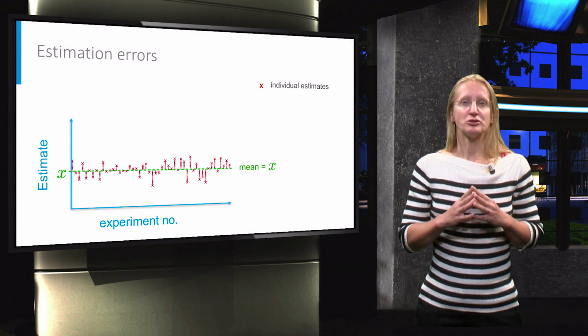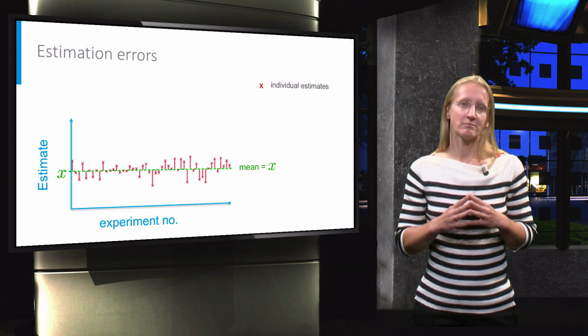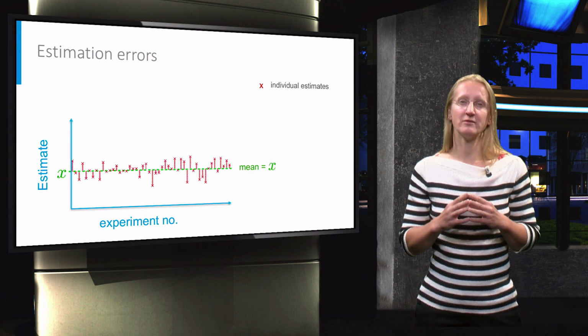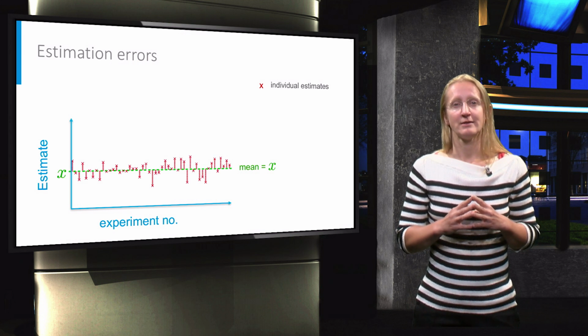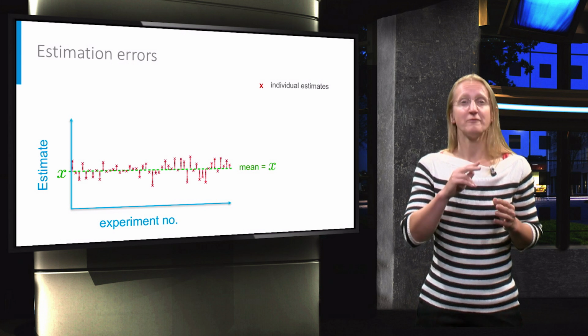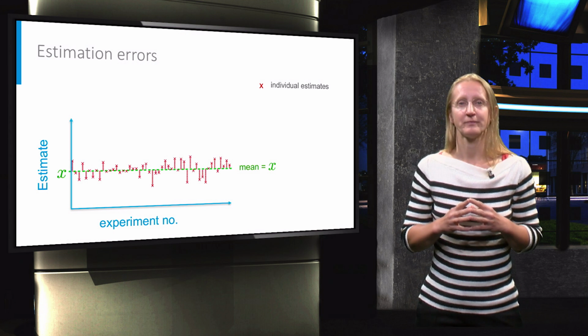This graph shows the estimated widths after many repetitions of the experiment. So each red cross now corresponds to an estimate of the width based on a different set of 5 observations. Similarly as for the observations themselves, the estimates fluctuate around our mean due to the propagated random errors.